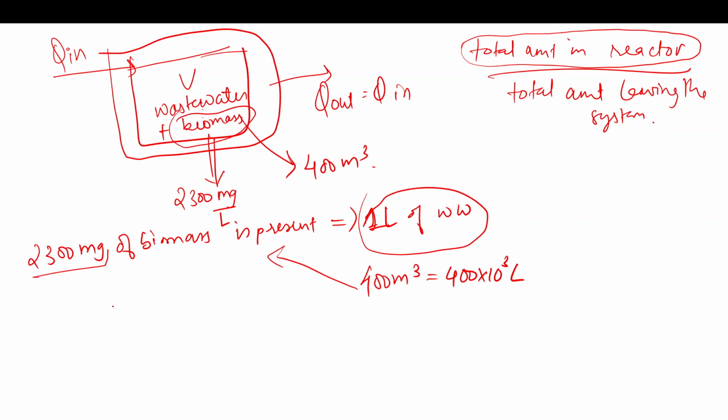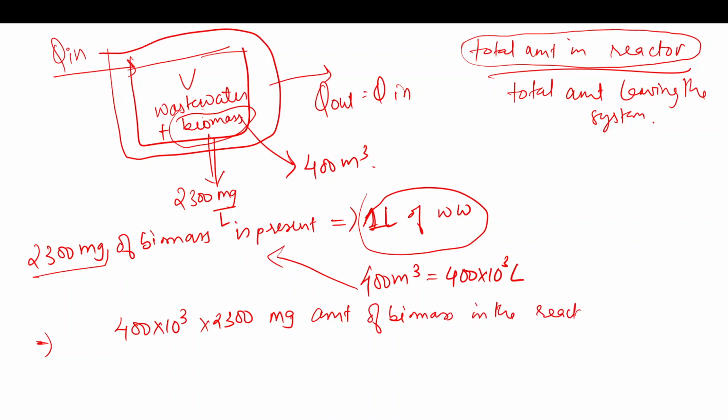Are you clear so far? Okay, if you calculate, it is 400 into 10 to the power 3 into 2300 milligrams. You can later convert it to other units if required. This is the amount of biomass present in the reactor.